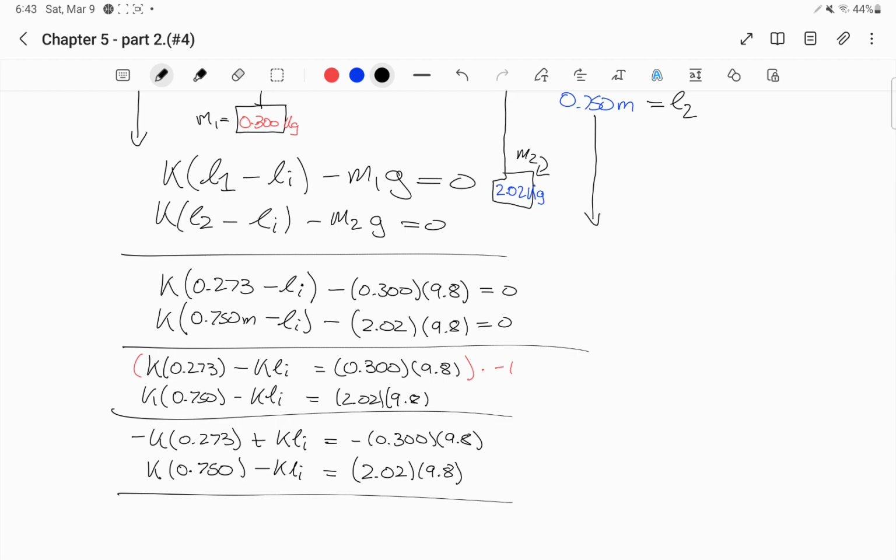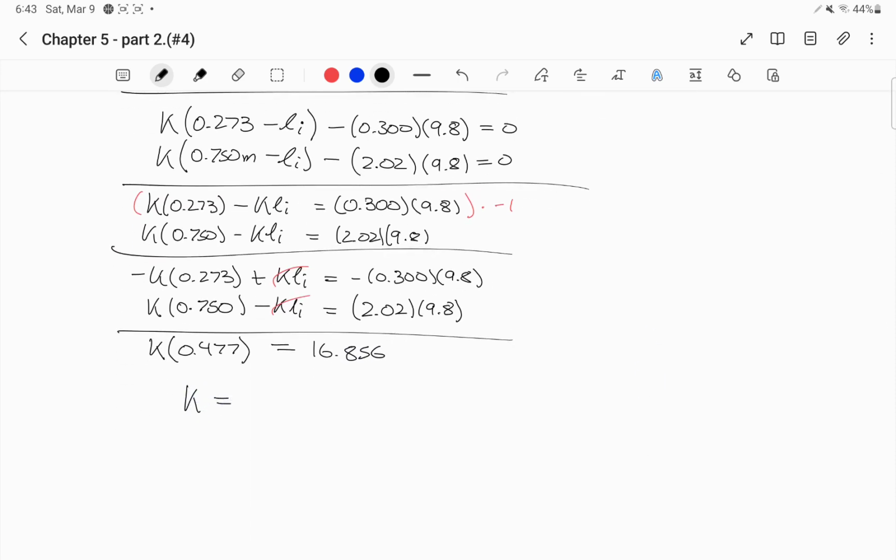Putting that into your calculator, you should get K times 0.477, plus 0, these cancel out, is equal to 16.856.